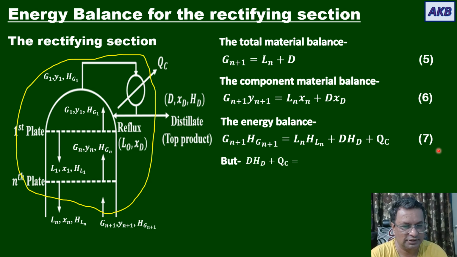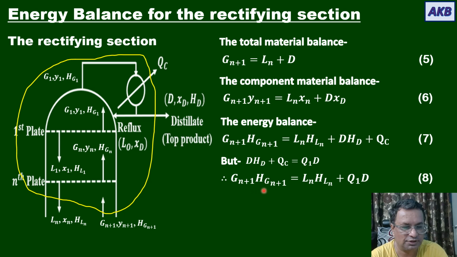But as discussed earlier, we had got this equation. Q1 is the total heat removed at the top per mole of the distillate, and after simplification we had got this equation: D Hd plus Qc is equal to Q1 into D. So if you use this, we will get this equation.